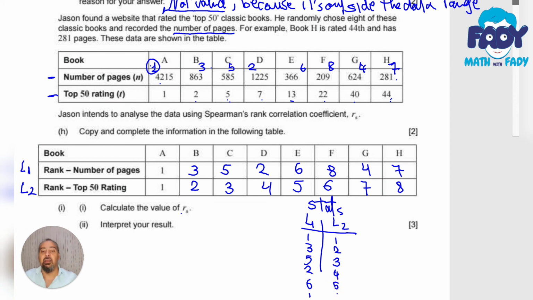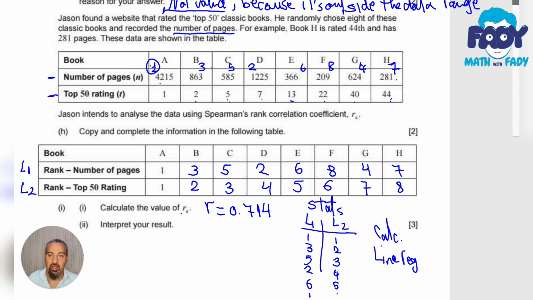And then you will press calculate, regression line, line reg. When you press line reg to calculate the regression line, you will be given the equation and you will get r. And you will find r in your calculator: 0.714.